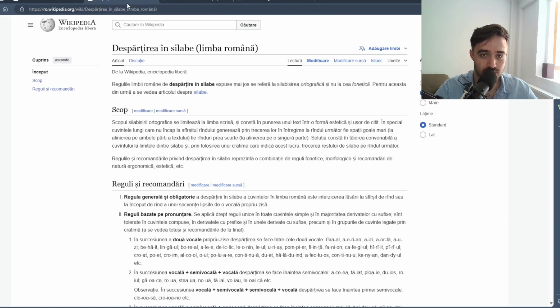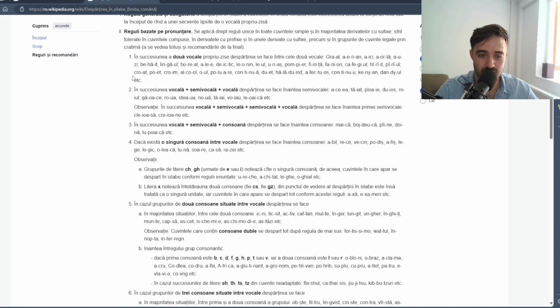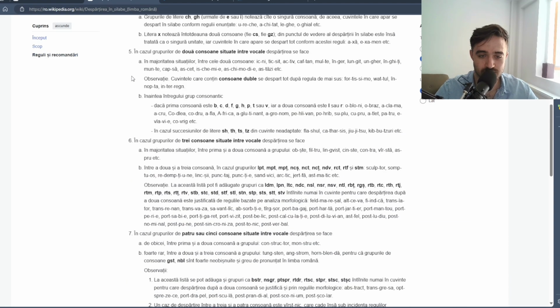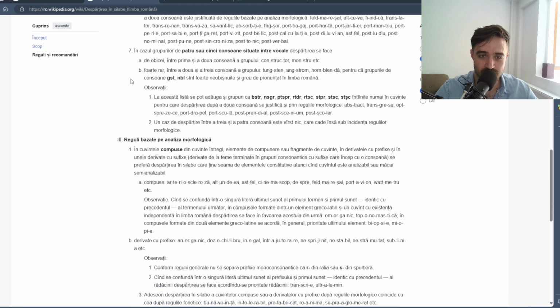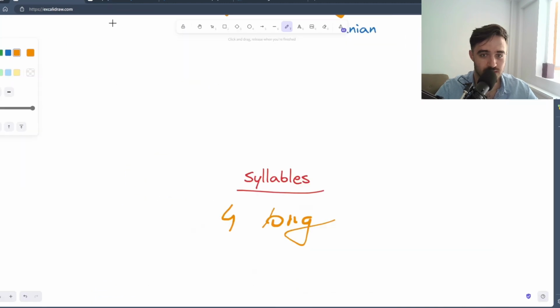I can just show you very quickly the Wikipedia page. And here, without even taking a proper book or a source, we just look at Wikipedia and we see how many different rules there are to split words into syllables, which is quite crazy. So that's why I'm not going to put a lot of emphasis on syllables in this one, because it's a quick guide to getting to know diphthongs.